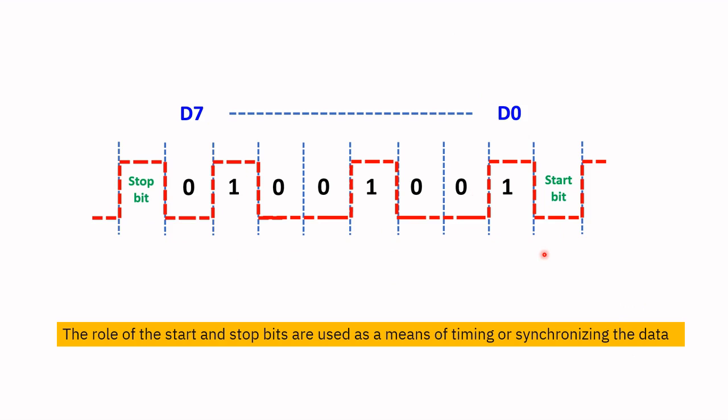By asynchronous transmission, what it means is that the two devices that are transmitting and receiving from each other each have their own unique clock signals. With a synchronous system, both the controllers will share a common clock signal. So in this video, we are focusing on asynchronous transmission.